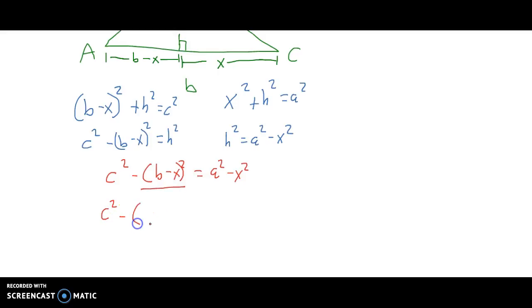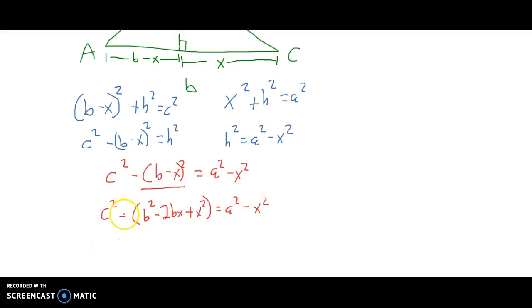So this would be c squared minus (b squared minus 2bx plus x squared) is equal to a squared minus x squared.